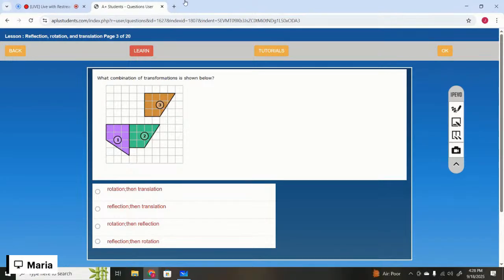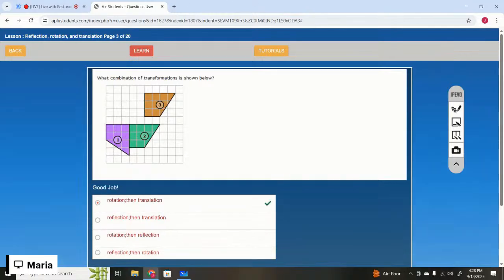And then 2 to 3 is the translation. So rotation and then translation. Option number 1 is the correct option.